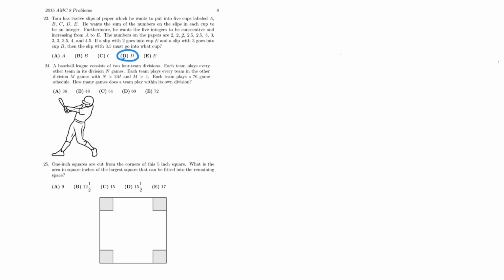Let's say the 2 divisions, each division has 4 teams. If division 1 has A, B, C, D, and division 2 is E, F, G, H. So each team plays every other team in its division N games.